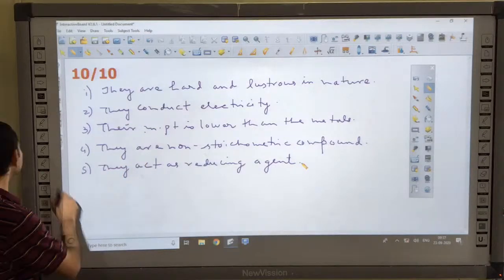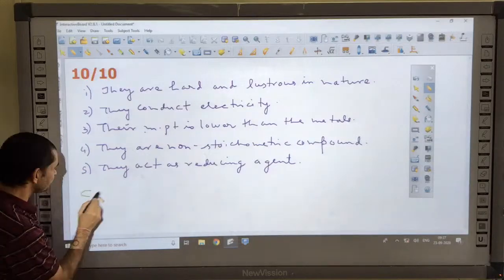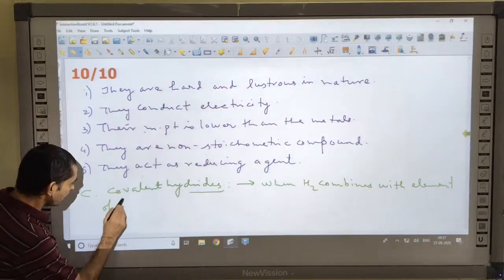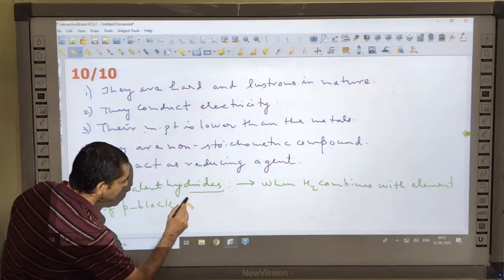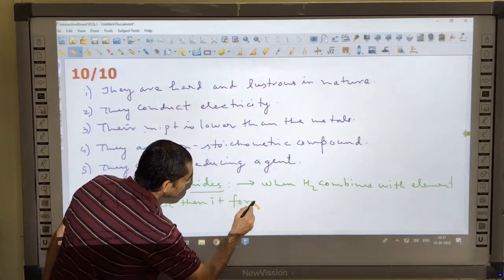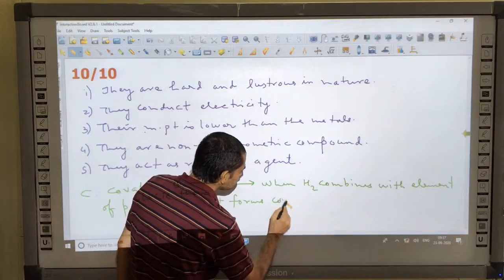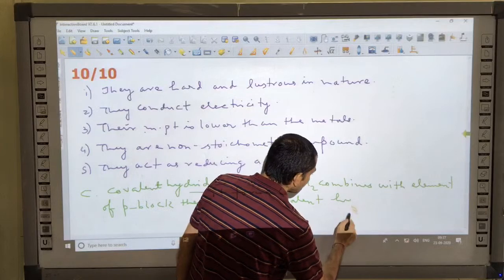Clear? Now number C, covalent hydrides. When hydrogen combines with elements of the P block, it forms covalent hydrides.